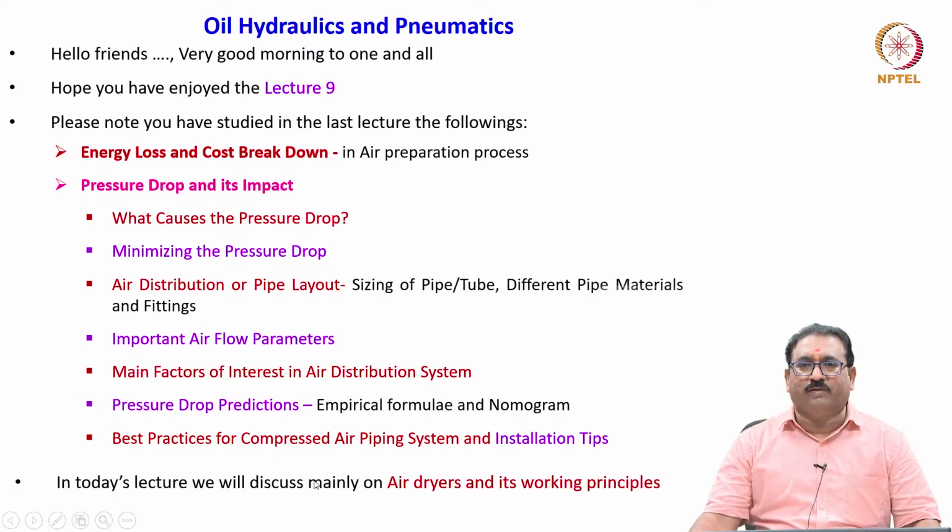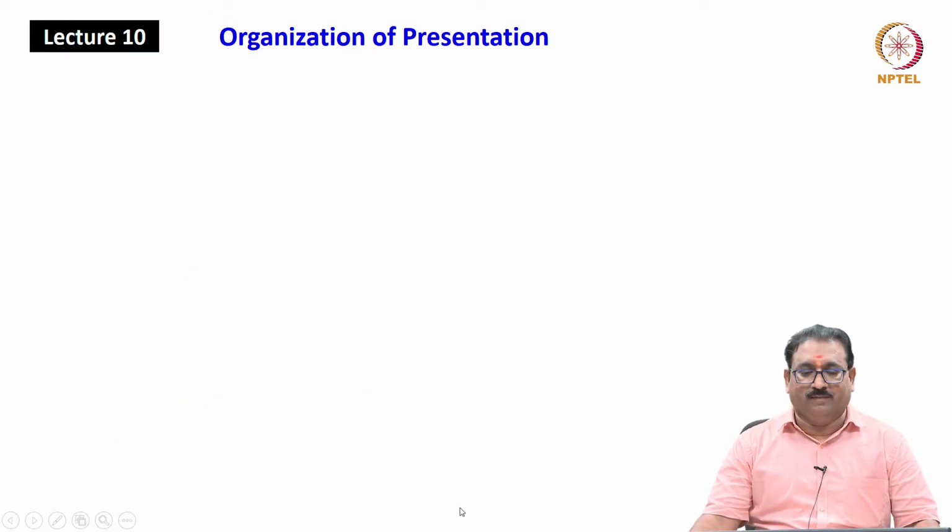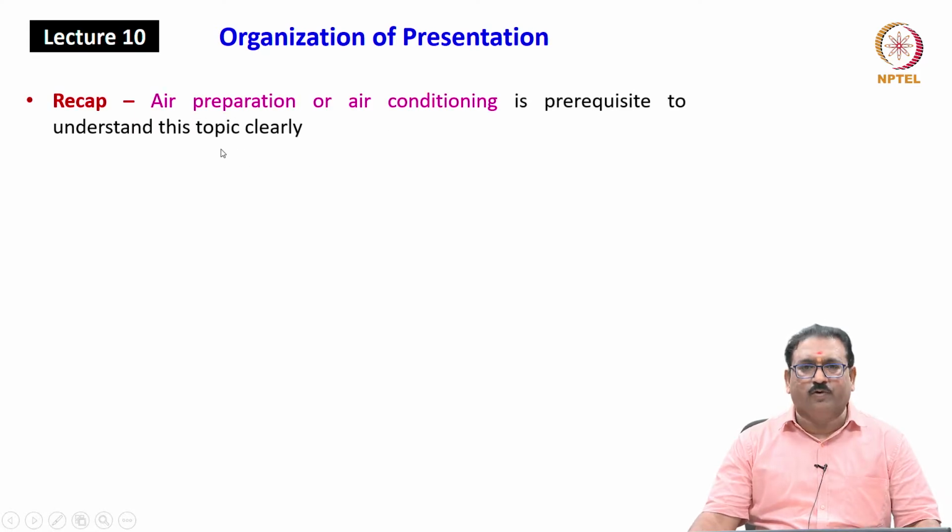In today's lecture, we will discuss mainly air dryers and their working principles. We will move on to the organization of today's lecture presentation. It includes a quick recap. Air preparation or air conditioning is a prerequisite to understand this topic clearly.